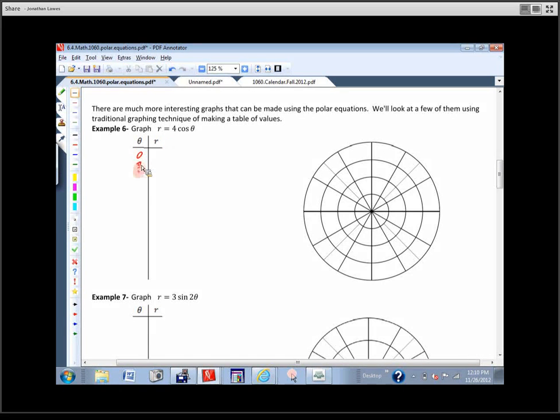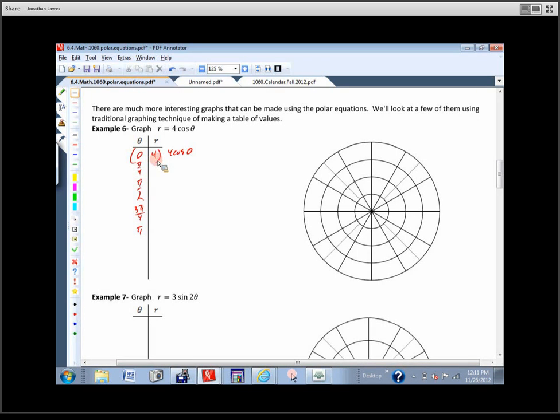So we're going to plug in 0 and pi fourths and pi halves, and 3 pi fourths, and pi. We're going to plug those in to begin with, okay? So if I plug in a 0, I get 4 times the cosine of 0. And what is the cosine of 0? 1.